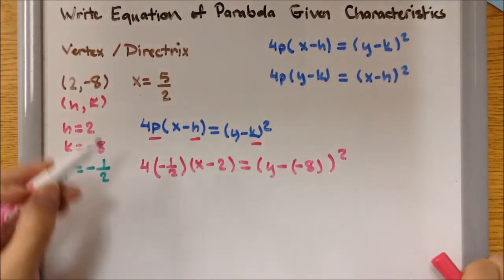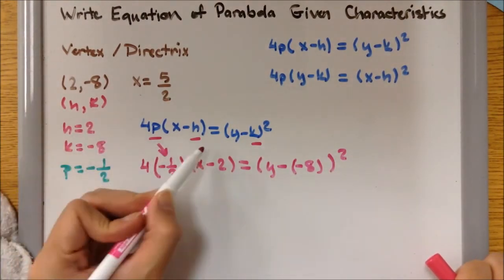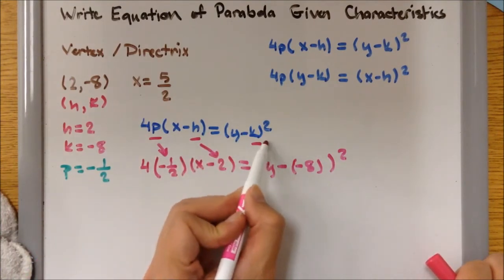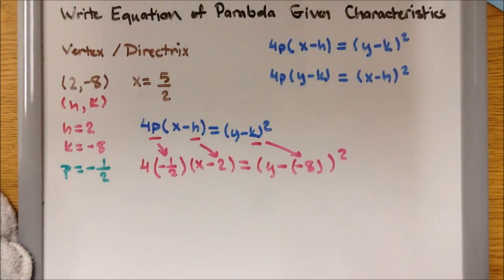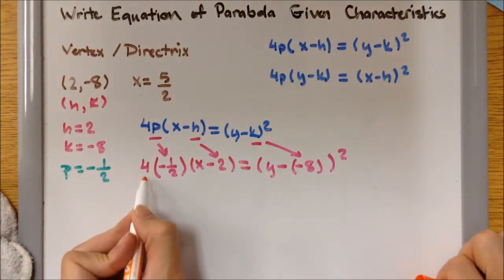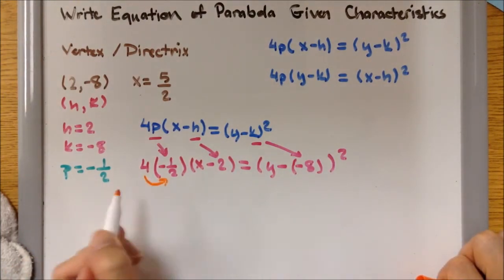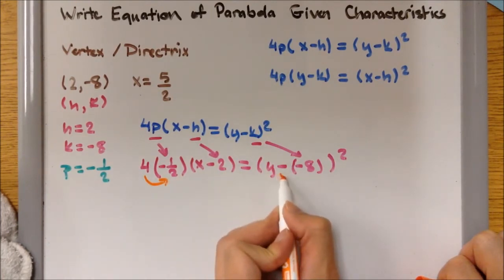So again, I plug in the p value, h value, and the k value. Next, I'm going to simplify by multiplying 4 by negative 1/2, and then I'm going to simplify the minus negative 8.